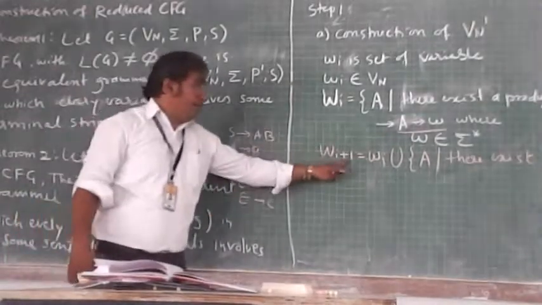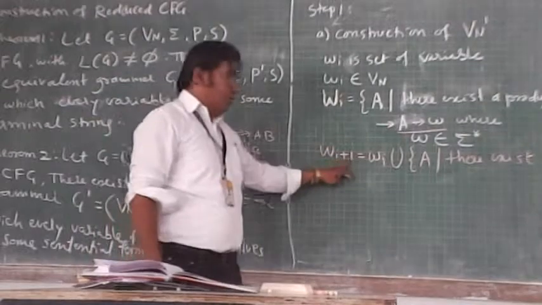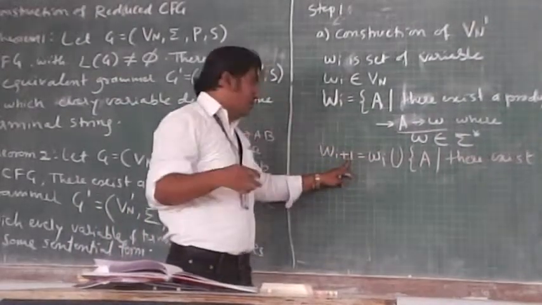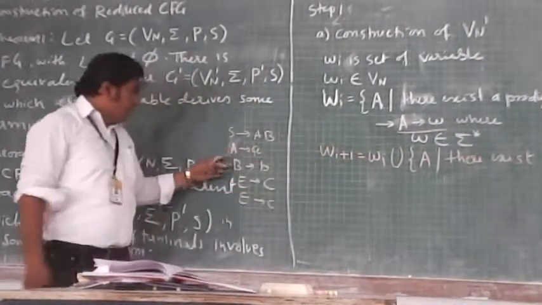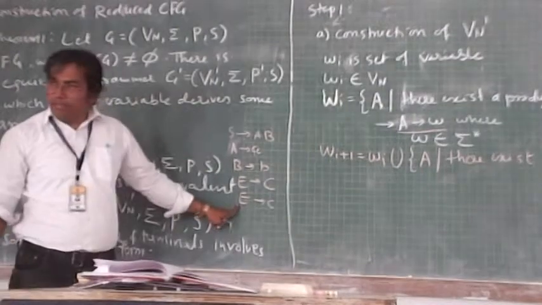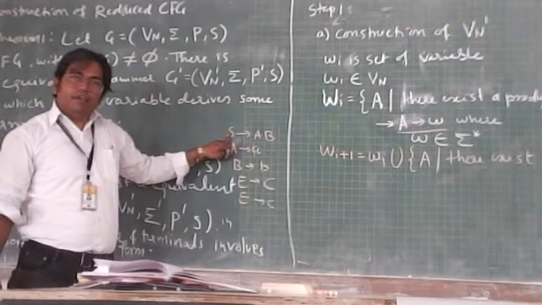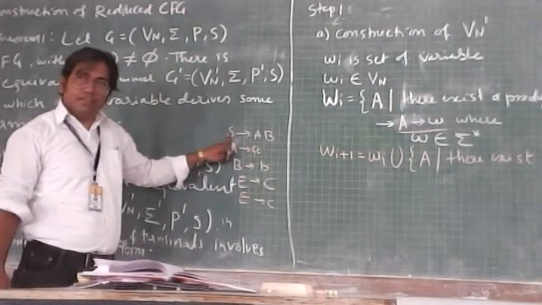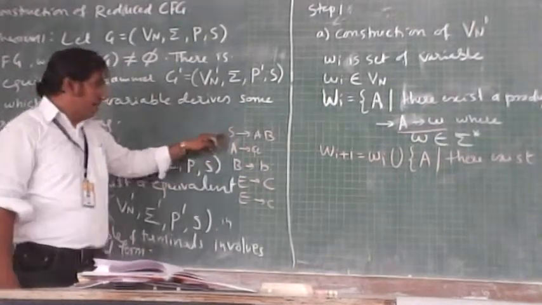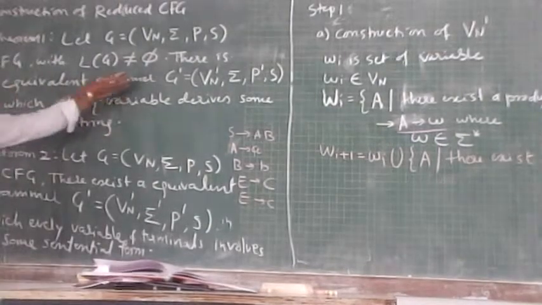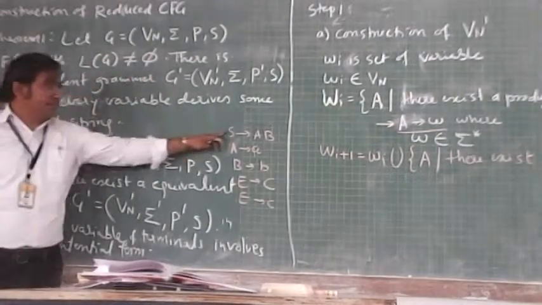In Wi plus 1, I am collecting further variables. Here I can clearly see that A, B, E are the variables for me, and S is also a variable which should be part of the G dash grammar. How do I collect S?